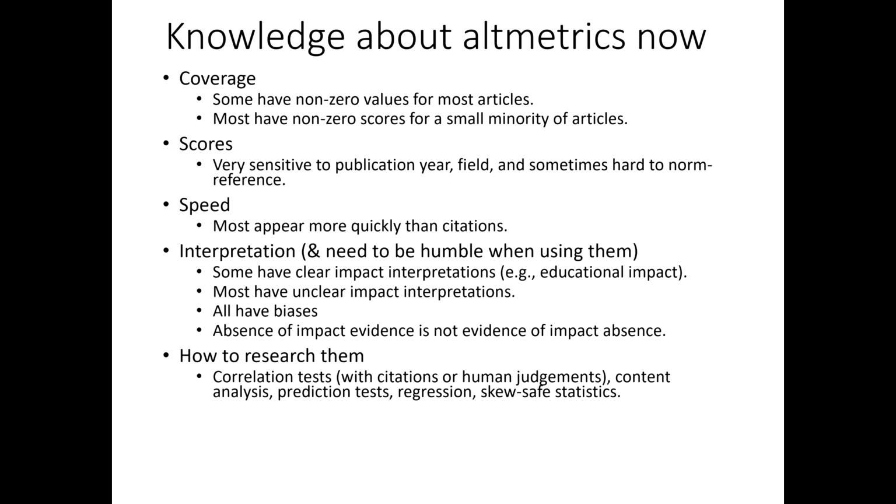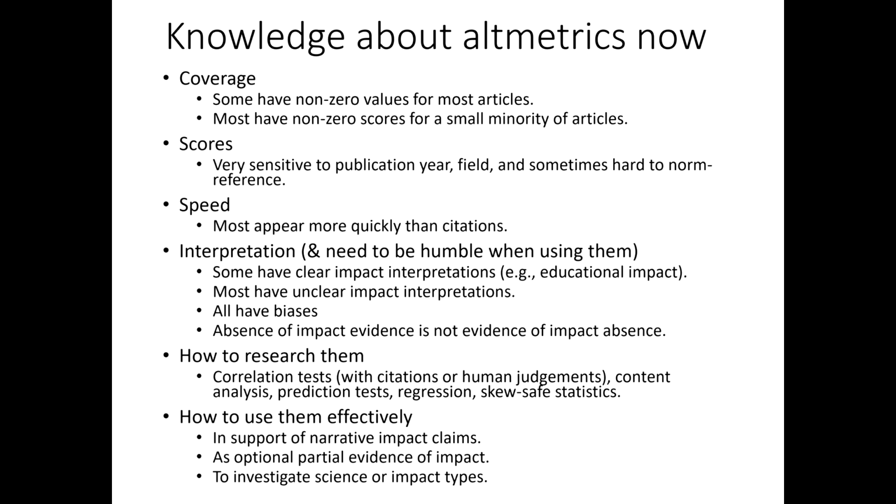Regression analyses. And the importance of using skew-safe statistics is a particular one for me, because you have very skewed data sets with Altmetrics, lots of very low scores and a few very high scores. It's usually best to avoid the arithmetic mean, for example, taking a simple average of Altmetrics, because it tells you more about the high values than the average values.